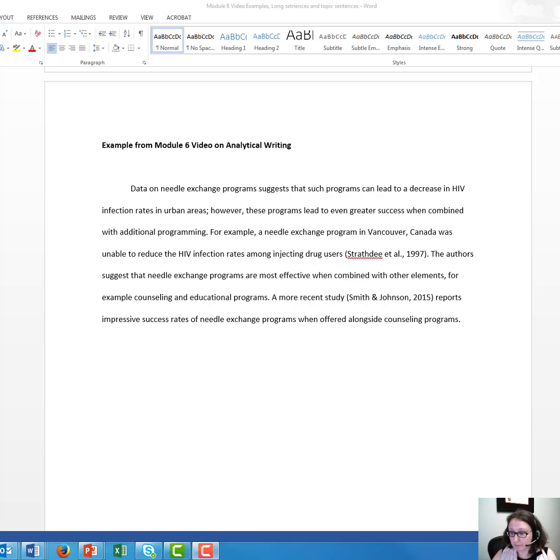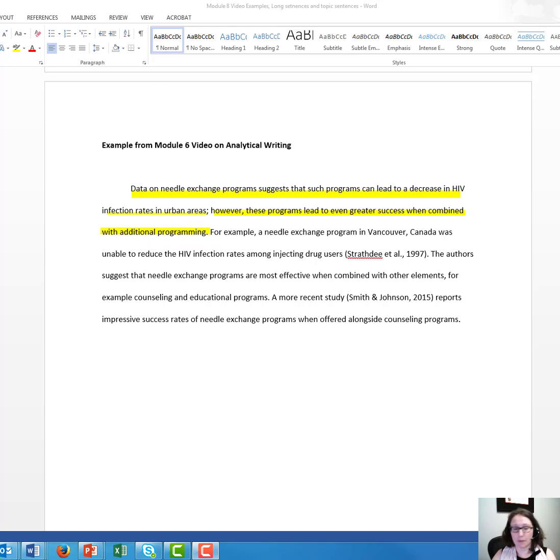So here, the analytical frame clearly is the beginning. Data on needle exchange programs can lead to a decrease in HIV infection rates in urban areas. Okay, so that's somehow linking probably to the previous paragraph, and here comes the new idea. However, these programs lead to even greater success when combined with additional programming. Right, so here we have our topic sentence.